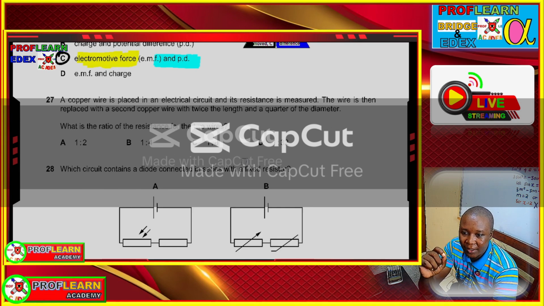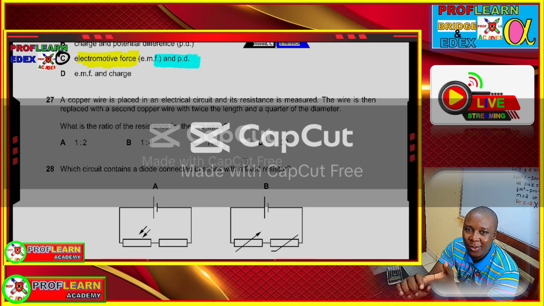If the diameter of the copper wire is a quarter, it means diameter is directly related to area, so if you reduce the diameter to a quarter, you are going to reduce the area to 1/16, because you remember area is pi r squared.